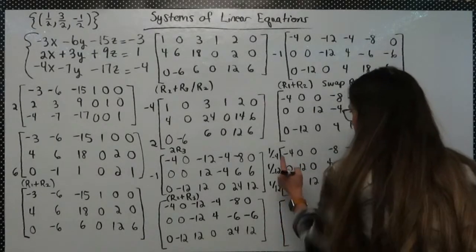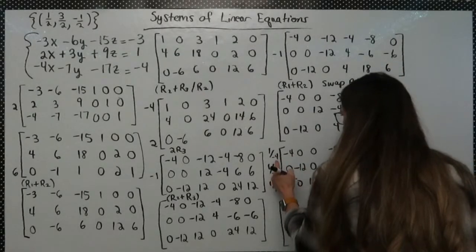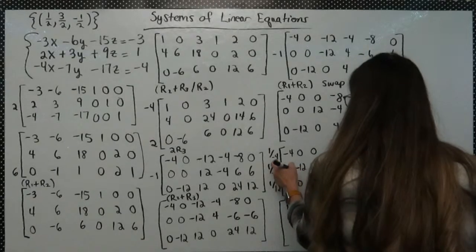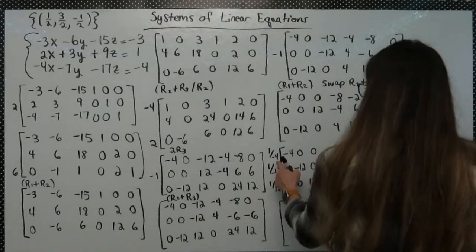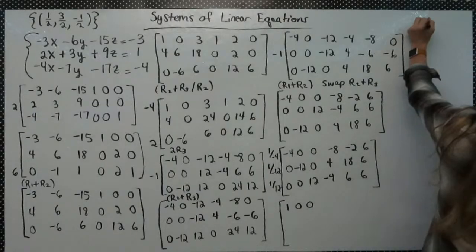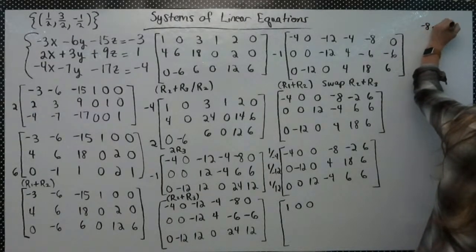So we'll say -1/4 times the -4 is 1. 1/4 times 0 is 0. And then we got to figure out what -1/4 times -8 is. Let's do that off to the side here. So we have -8 times -1/4.